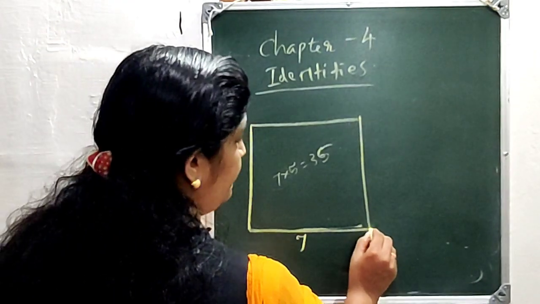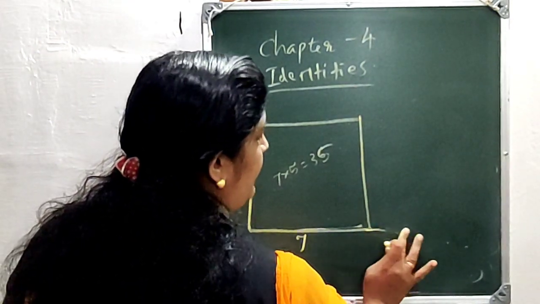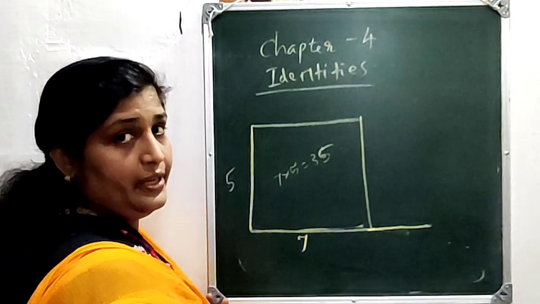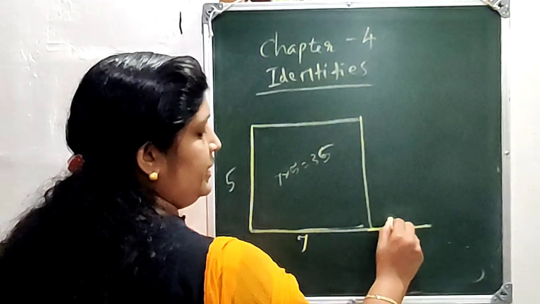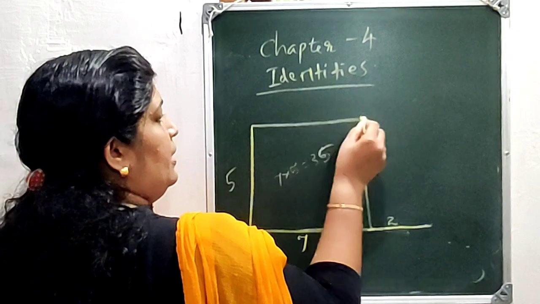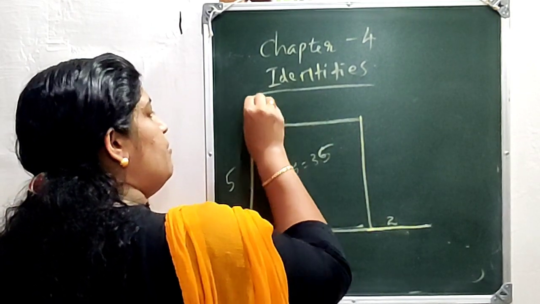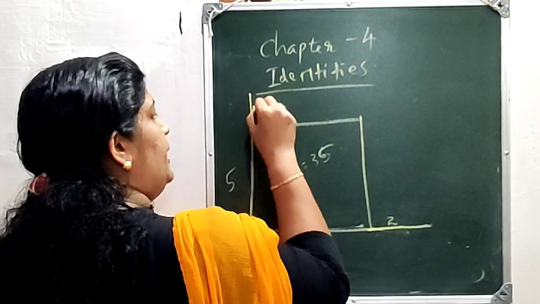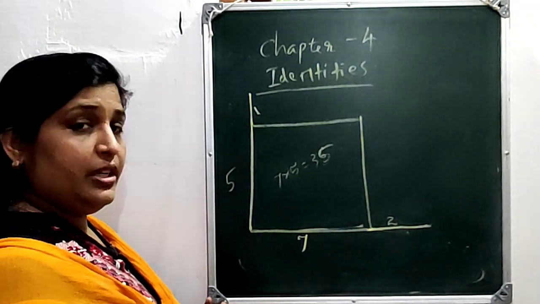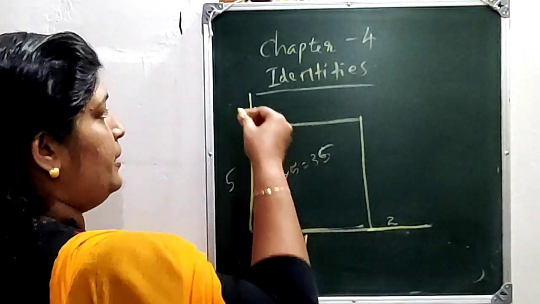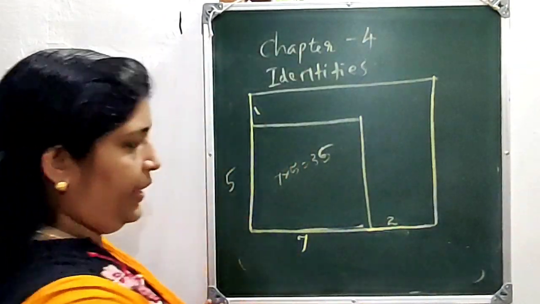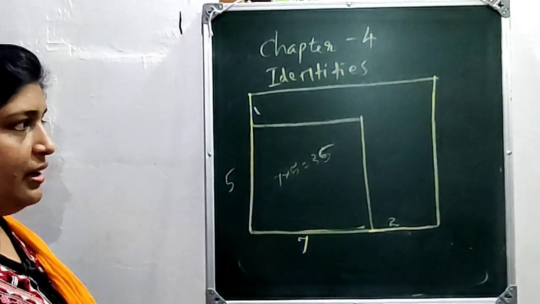And if I make a big rectangle by increasing the length by 2 centimeter and the breadth by 1 centimeter, I get a new rectangle like this.